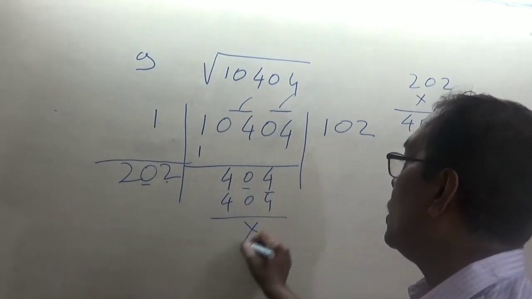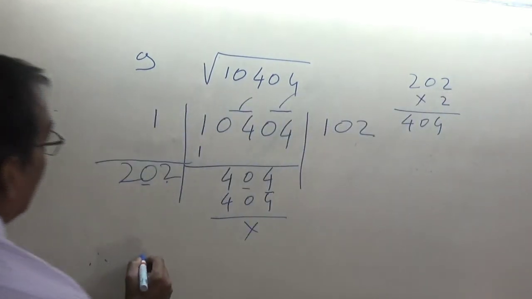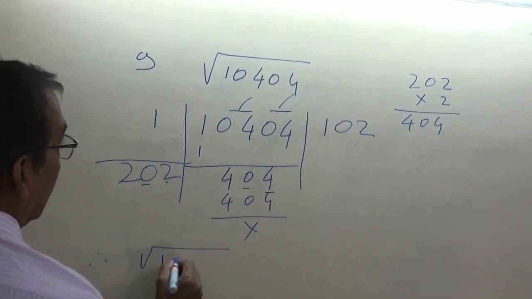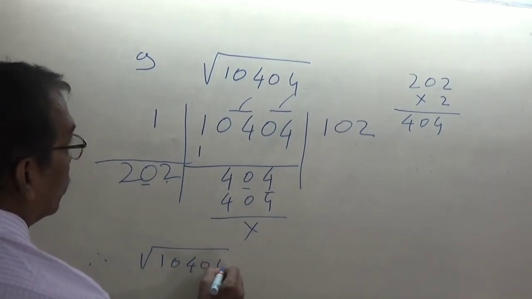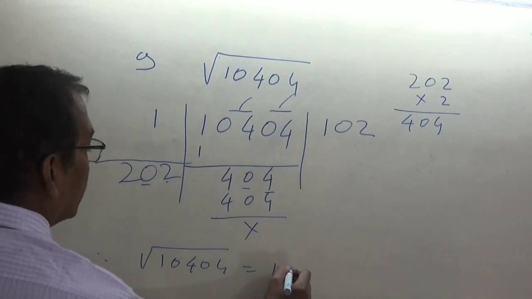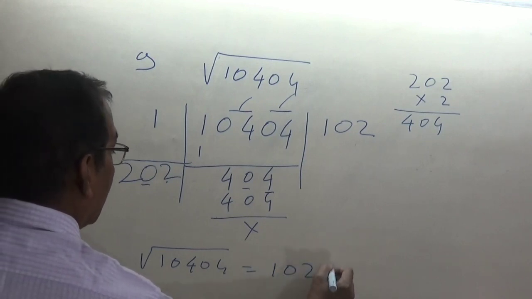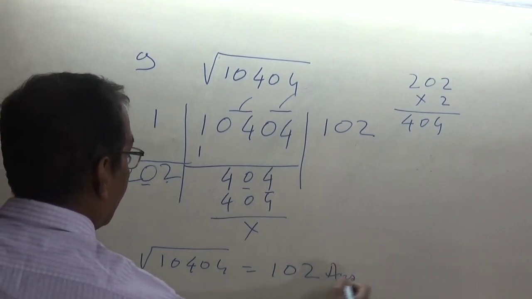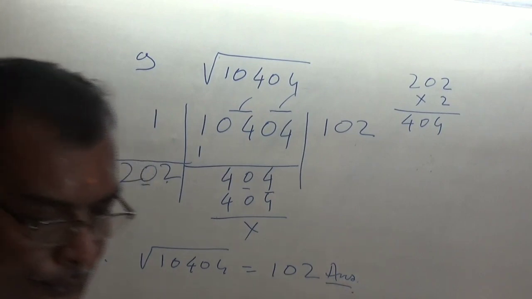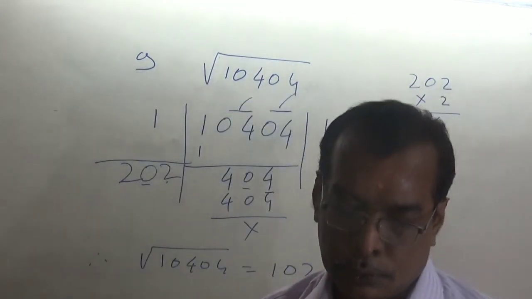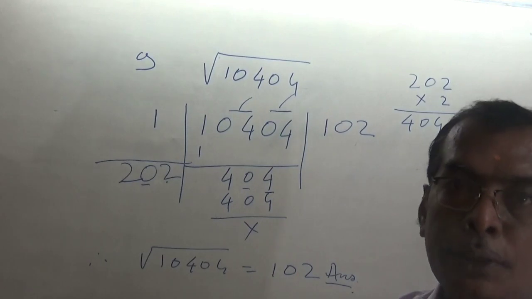Nothing has been left. So therefore you can say that the square root of 10404 is equal to 102 is the answer. Fine.